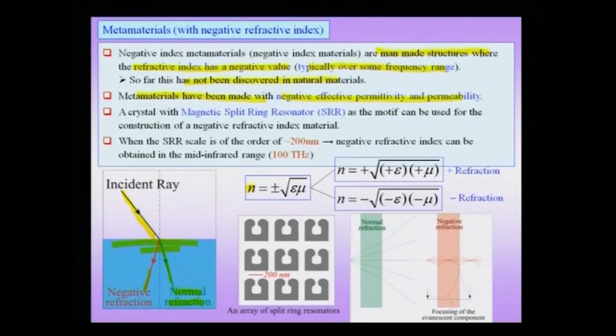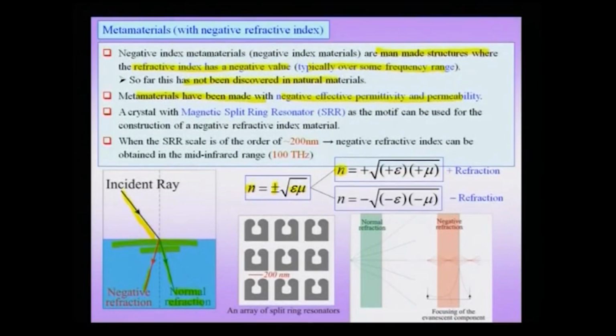Now, the refractive index we have noted before can be written as plus or minus the square root of epsilon times mu, where one is the permittivity and the other is the permeability. When we are talking about positive refractive index, we take the positive sign outside the square root and we use the positive of both epsilon and mu. In negative refractive index structures, we use the negative sign outside the square root and we use both the negative signs here.